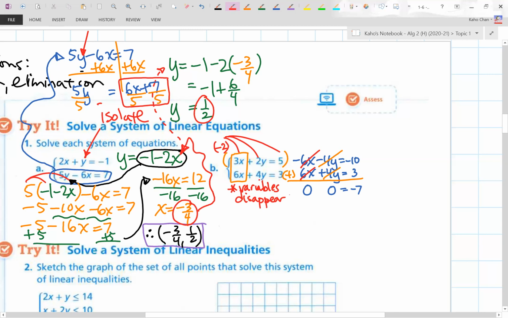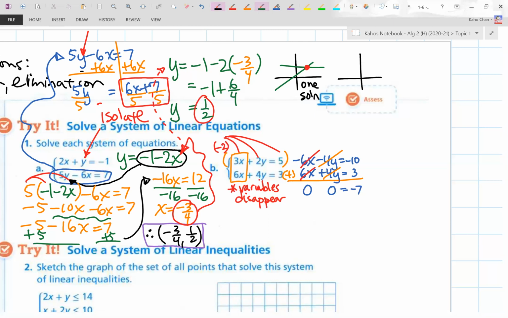Now recall, when we're doing elimination, substitution, or graphing of systems, we have 3 scenarios that can happen. Scenario number 1, you get an intersection of 2 lines. That's one solution. The other 2 scenarios we're about to see can also happen. What happens if they're parallel lines?